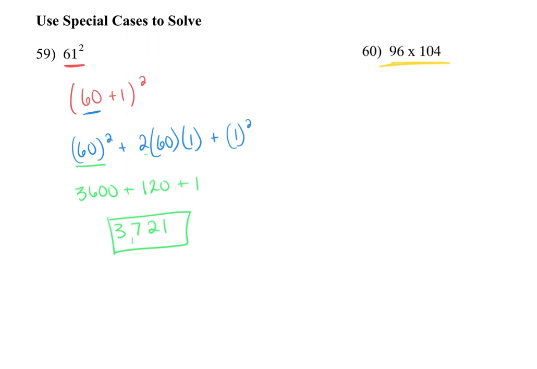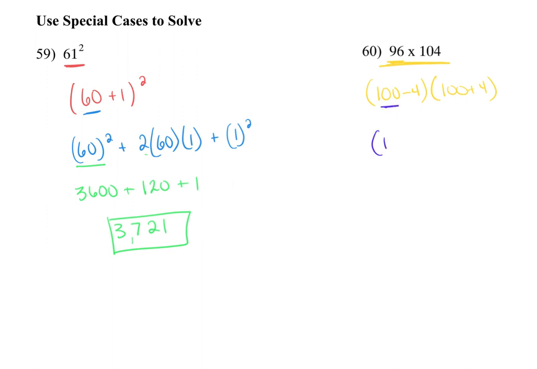This is your special case, a plus b, a minus b. So 96, I'm going to rewrite that as 100 minus 4, which means 104, I'm going to rewrite as 100 plus 4. All right? That's what these should always look like. When it's two numbers multiplied, I'm always going to give you one that is closest to the same multiple of 10. All right? And then you're going to use the special case that we did above.